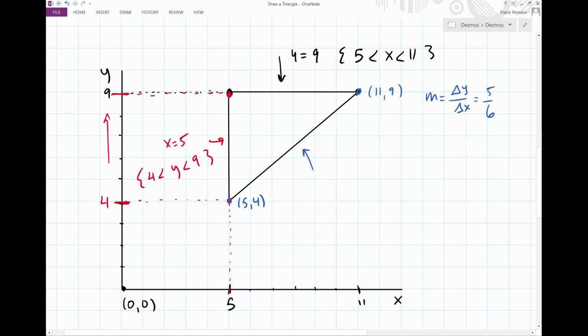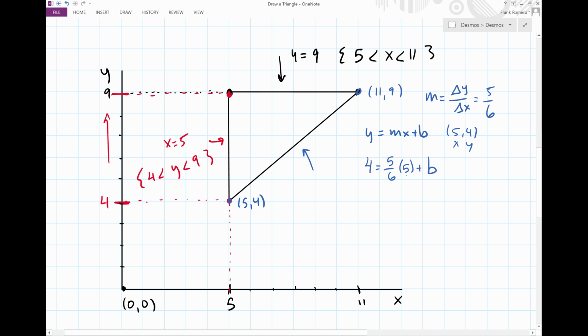Okay. And then to find the y-intercept, we use the slope-intercept form of the line, and we find a point. Let's try 5, 4. This one's x, this one's y. So y is 4 equals m, which is 5 over 6, x is 5, plus b.